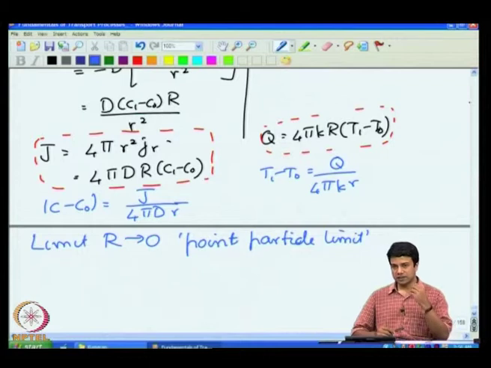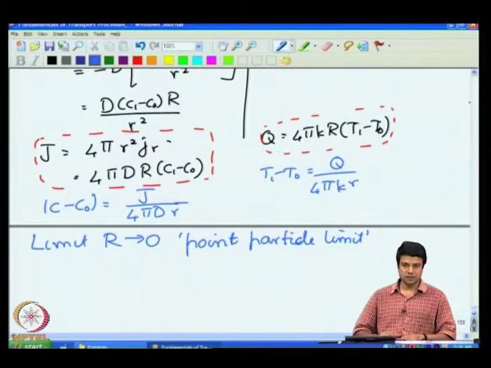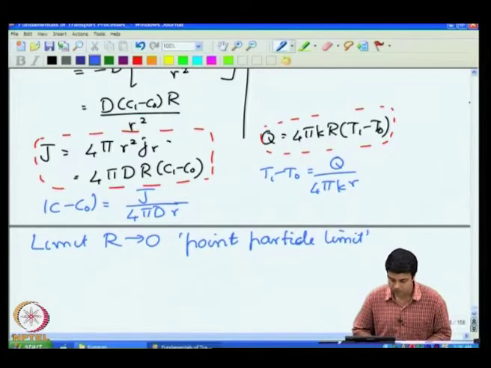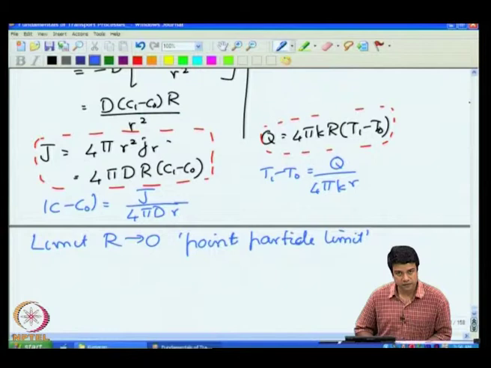In the limit as the particle radius goes to 0, the concentration goes as 1 over R or the temperature goes as 1 over R, and when expressed in terms of the total heat coming out per unit time or the total mass coming out per unit time, I get exactly the same solution independent of the radius of the particle. So, this is what is called the point particle approximation, and this forms the basis for solutions called Green's function solution that we will see a little later, when we deal with the diffusion equation.